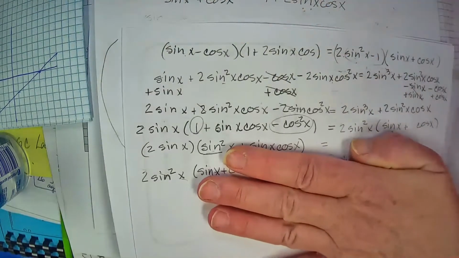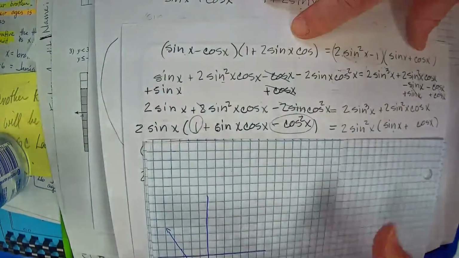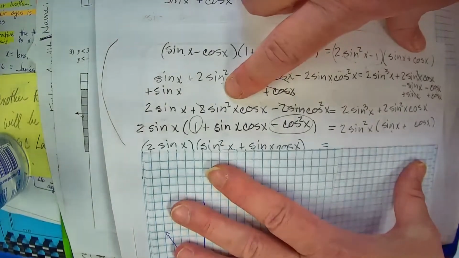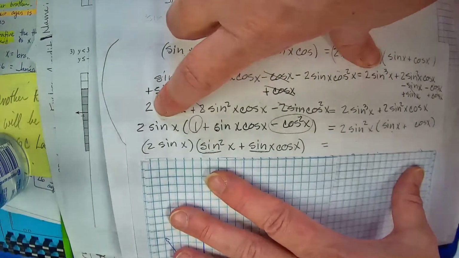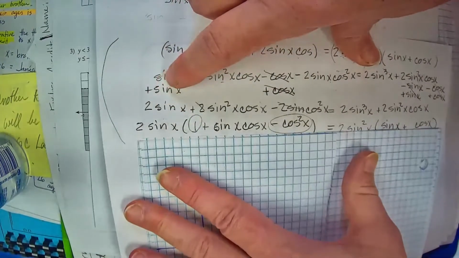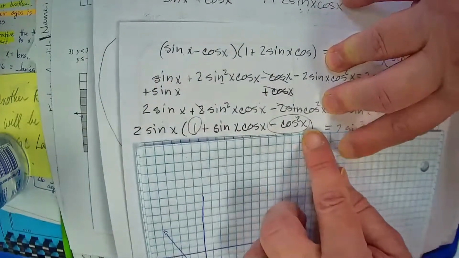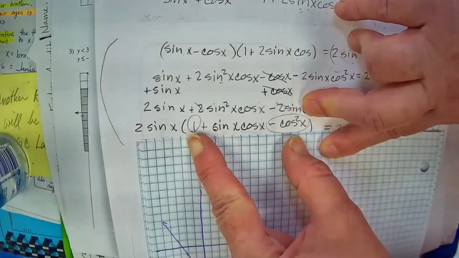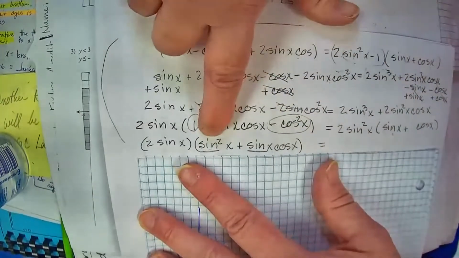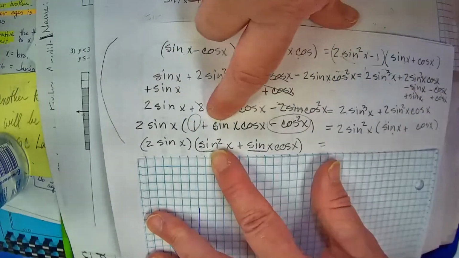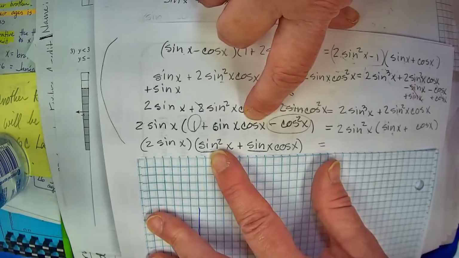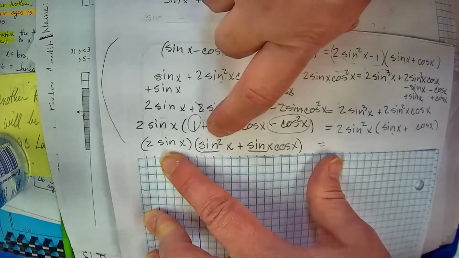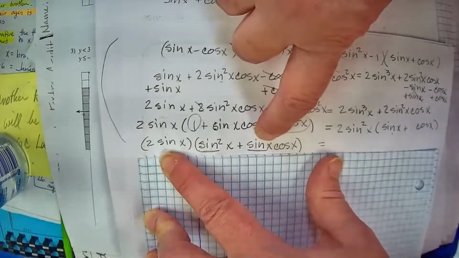Now I'm looking at what was in this parentheses. I've got 1 and a minus cosine squared x. That gives me a sine squared x right there. And then we have plus sine x cosine x times the GCF of 2 sine x. But looking at this, I can pull another sine out.